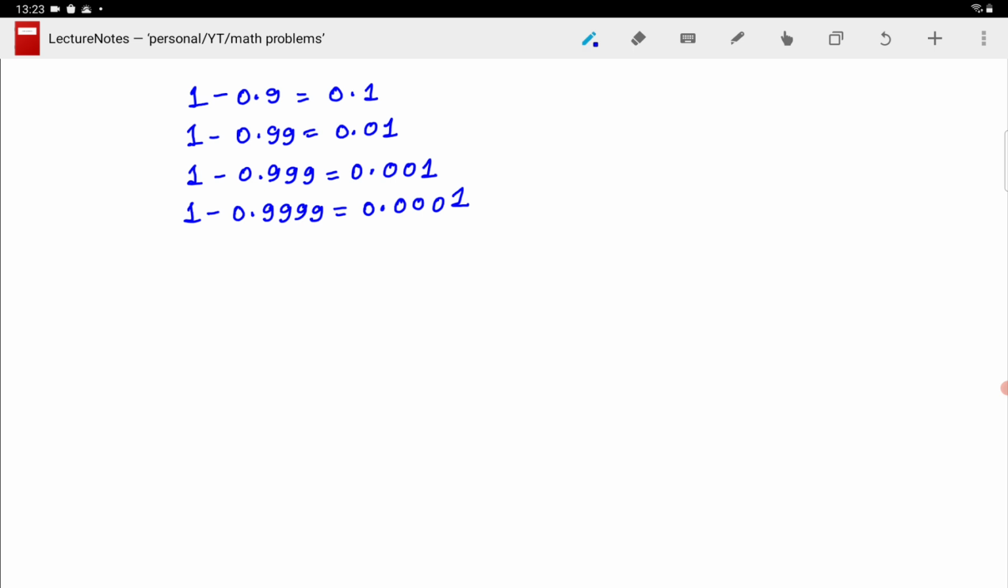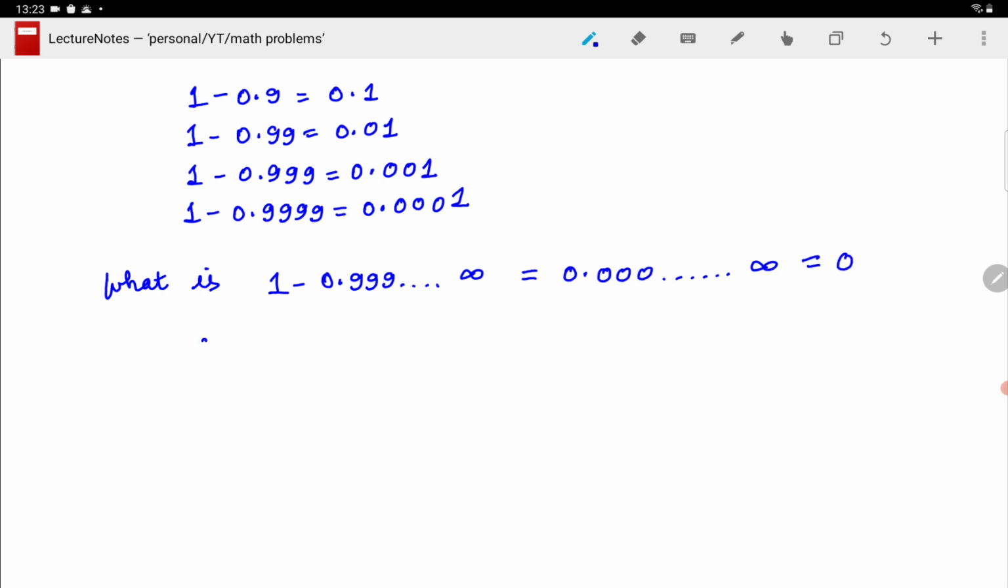Now ask yourself, what is 1 minus 0.999 extended to infinity? How many zeros should appear after the decimal point? The answer is that there is no positive gap left, because this will equal 0.000 up to infinity, which is essentially 0.